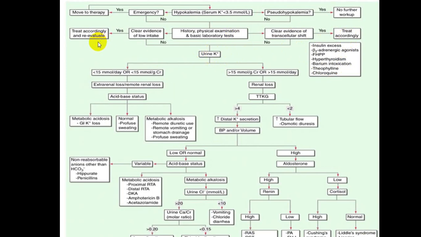So first we always try to rule out decreased intake, intracellular shift, pseudo hypokalemia, and an acute emergency. After ruling out all those, we look at the urinary potassium. If it is more than 20, it is renal loss.